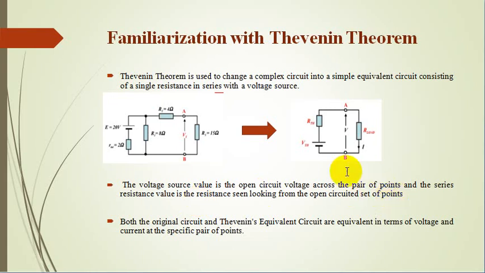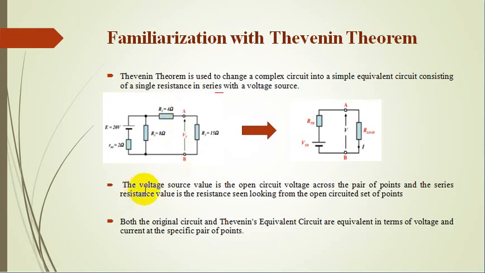So here is a very important thing, that is the pair of points. What is meant by the pair of points? Pair of points are those points defined in our circuit where we are supposed to find out the output voltage or the currents. You can see that in this figure A and B are our pair of points.